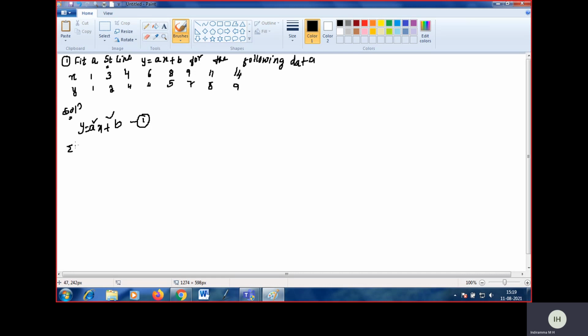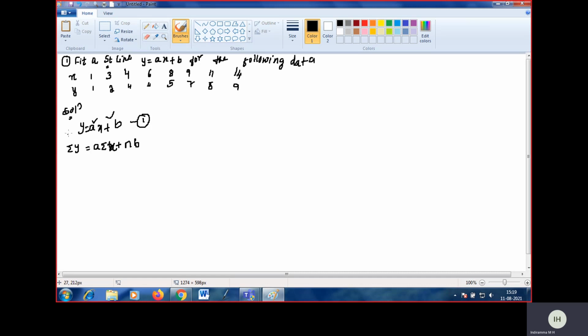So the normal equations: summation of y is equal to a into summation of x plus summation of b. Here we have n values, so summation of b is n into b. Taking summation on both sides of equation 1, you will get the first normal equation.